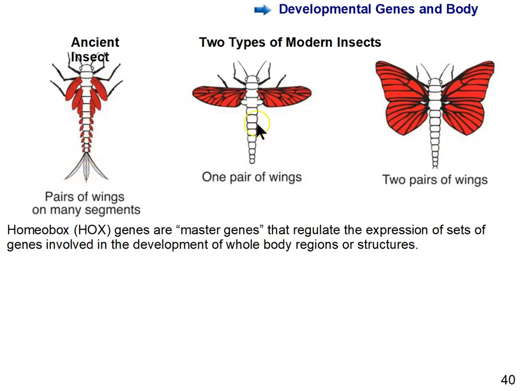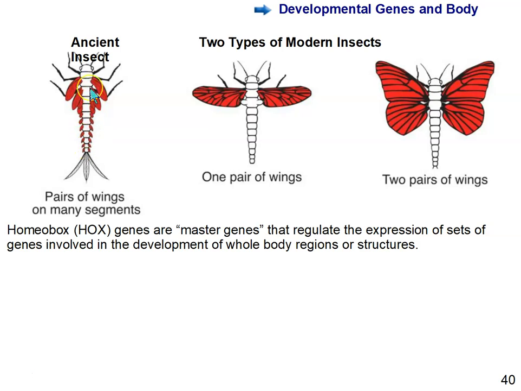In this figure, the idea is that ancient insects had the Hox genes active for creating wings in every one of their segments. You'll notice that some of the wings are bigger in some segments and smaller in other segments, but they were producing wings all along their body, probably for functions other than flight.